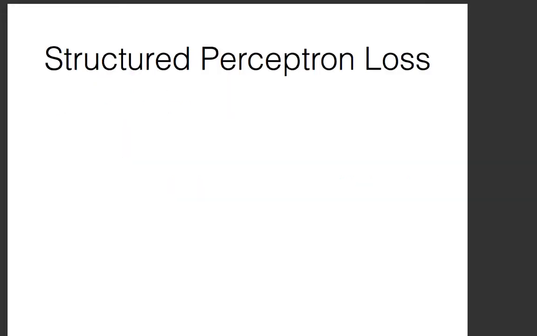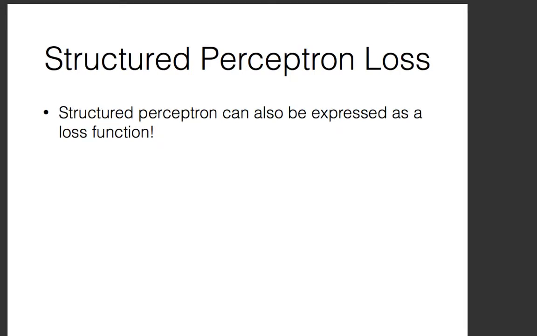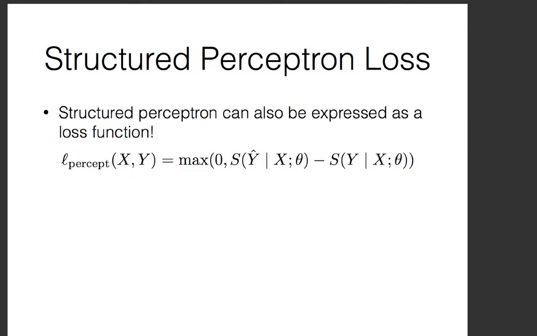We can also frame this as a loss function. We really like loss functions in our neural networks because if we can define a loss function, we can optimize it extremely easily by just doing backward over the loss function. So the structured perceptron loss function looks simply like this.